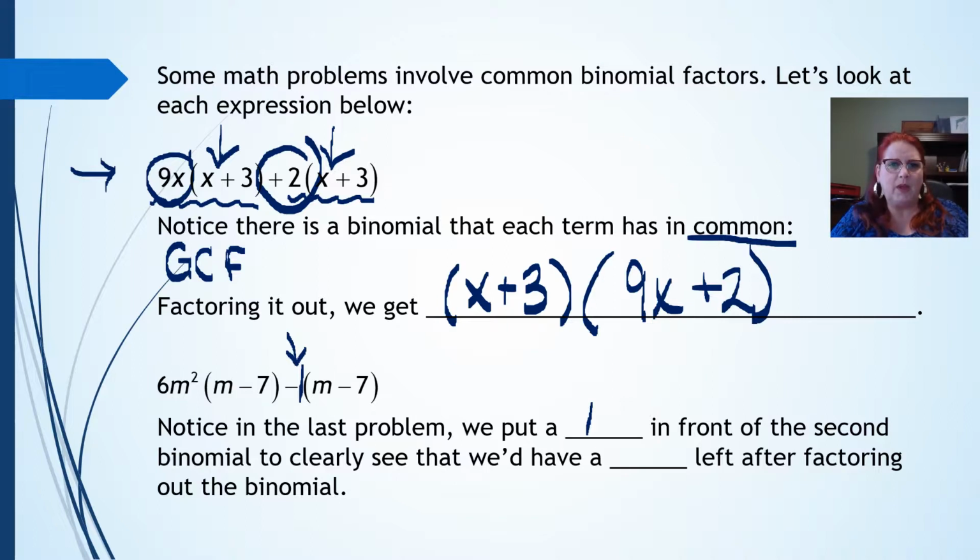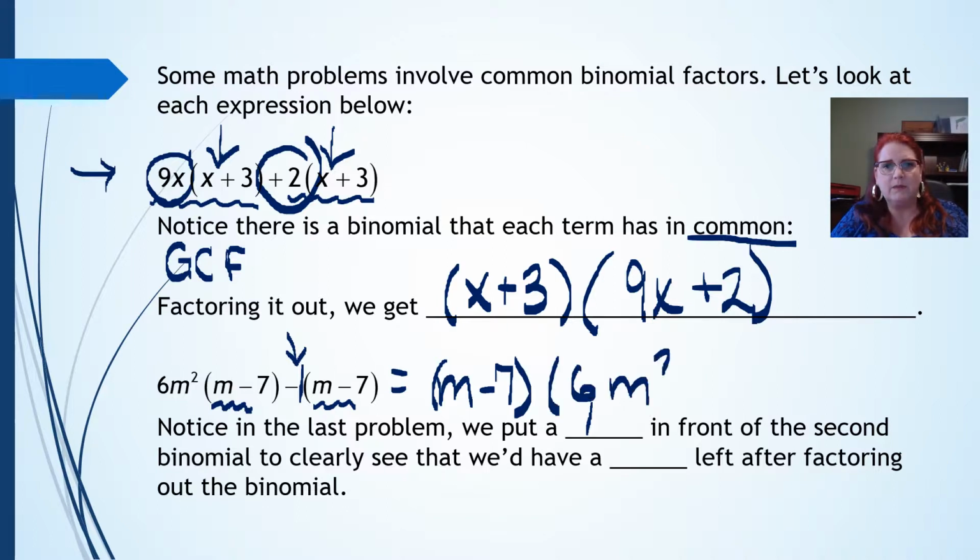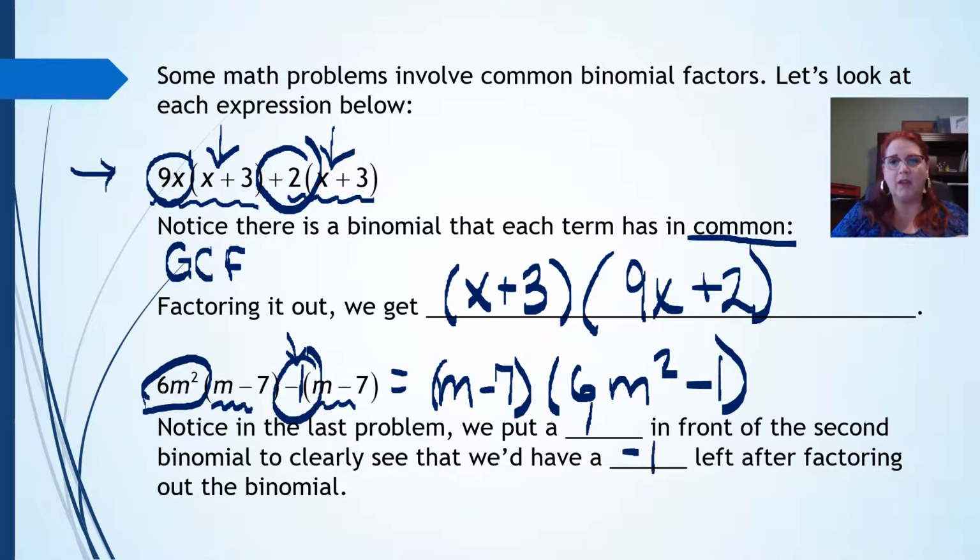So that way, when we factor out that common binomial of m minus 7, we see that it's being multiplied to the 6m squared right here, and it's also being multiplied to that negative 1. So we have a negative 1 in that second factor left when we factor out the m minus 7.